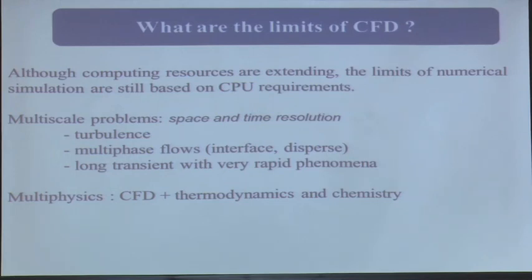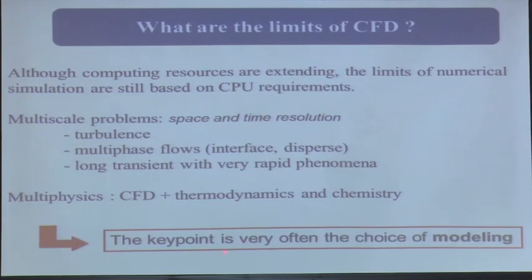You don't know what is going on at the interface. Even when you have a chemical reaction, there is a chemical reaction, but what is the kinetic model that you are going to use? What is the rate of production of your material? So there are still many open questions about even the model that you have to use. And if you don't know the model, of course, you cannot do the CFD.